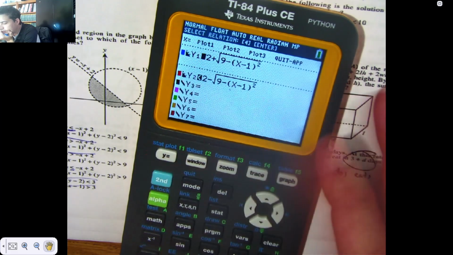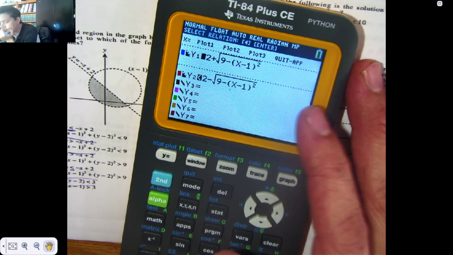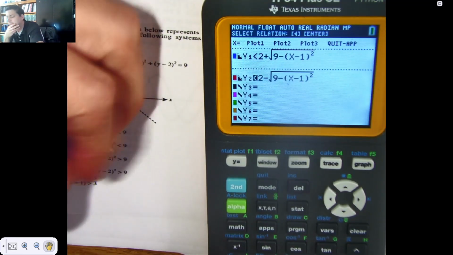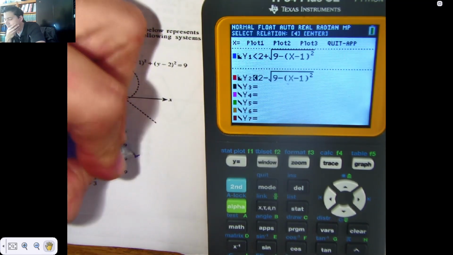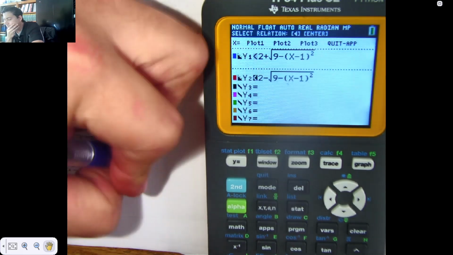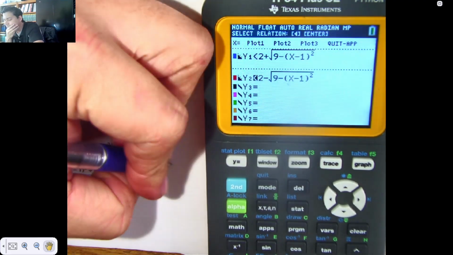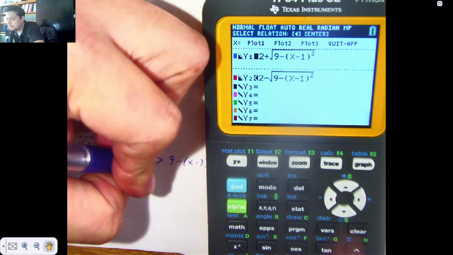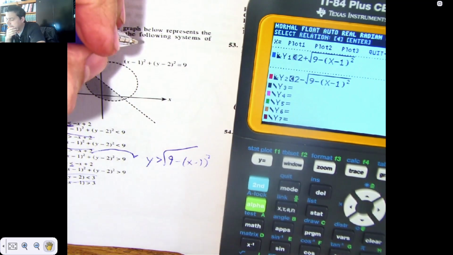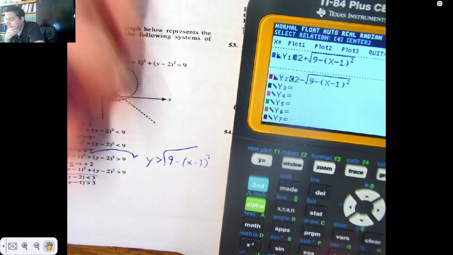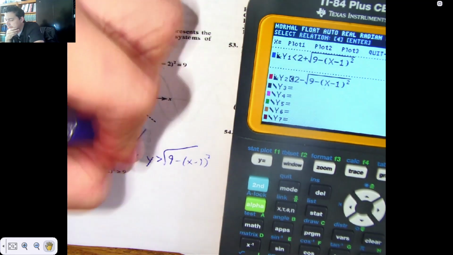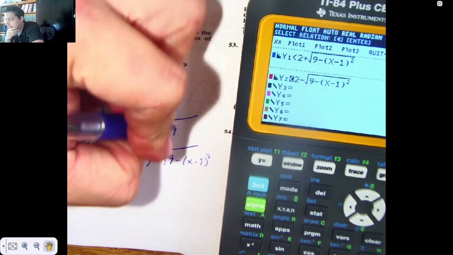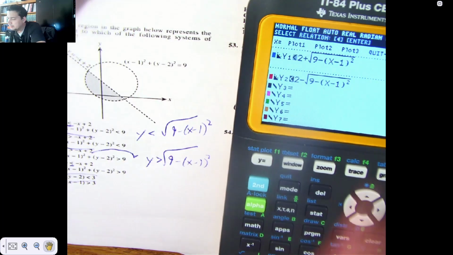So it looks to me, what I think about here is I think about moving all this stuff over. Y greater than 9 minus (x minus 1) squared. That would be that one. And this one is the less than symbol, y less than the root of 9 minus (x minus 1) squared.